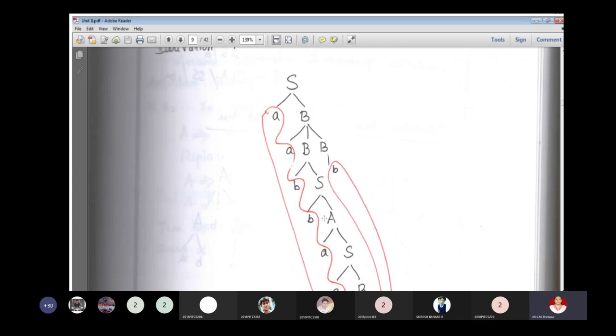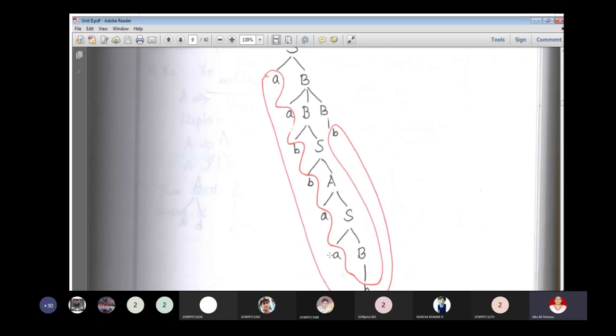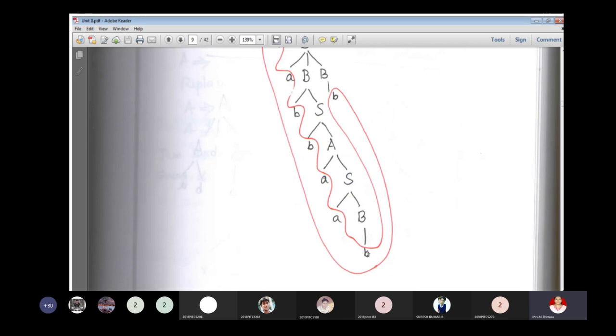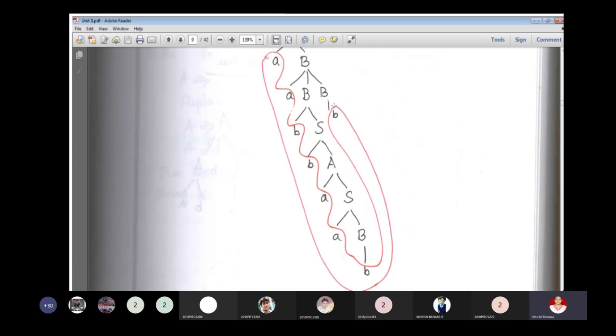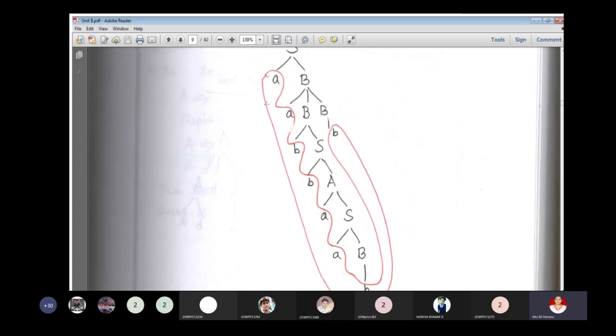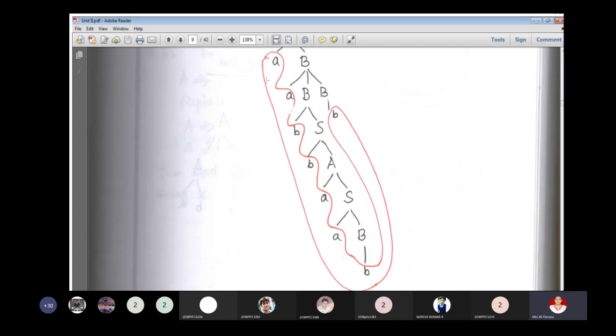Again, this A can be taken and replaced with aS. Again, this S is replaced with aB. Again, this B is replaced with b and the last B is replaced with b. Next, how can you get the yield? Yield is obtained by reading the leaf nodes from left to right. So when we read the leaf nodes from left to right, we get the string. Clear?